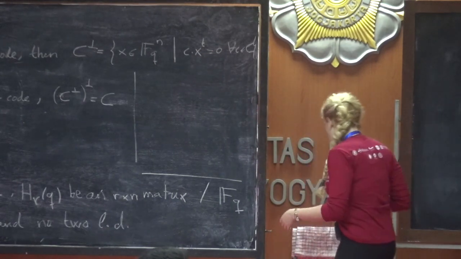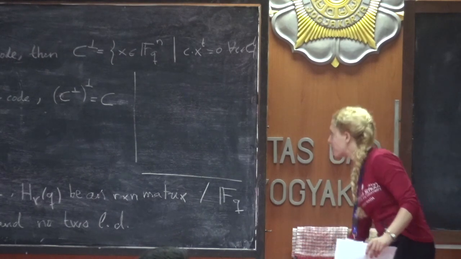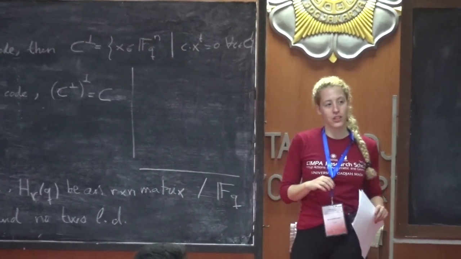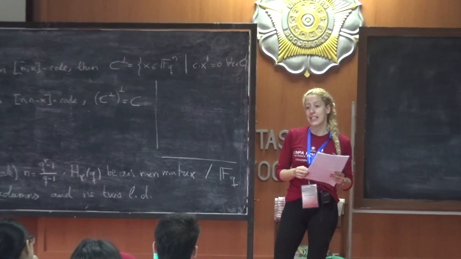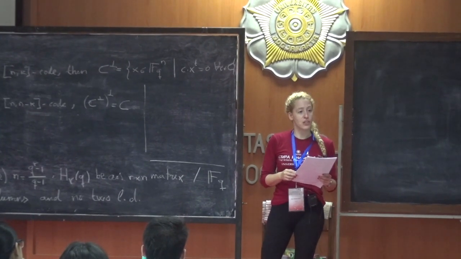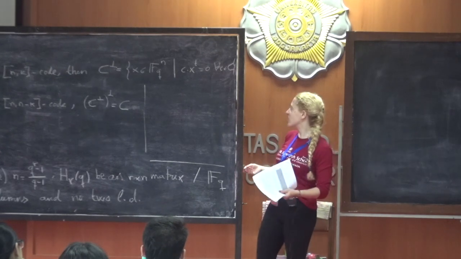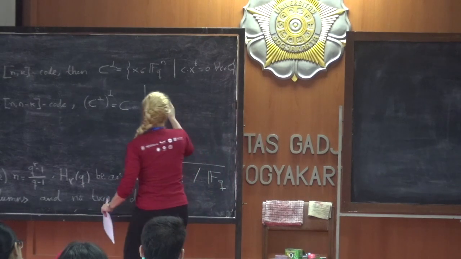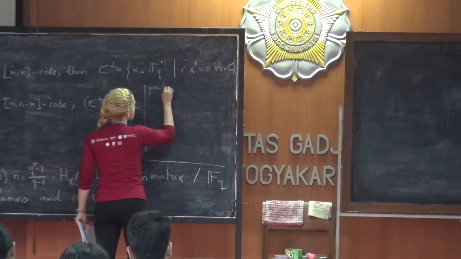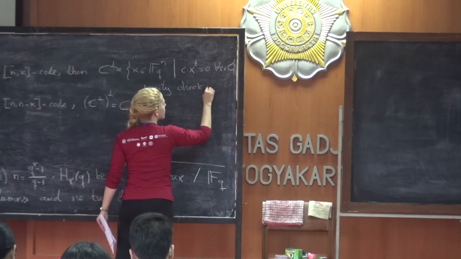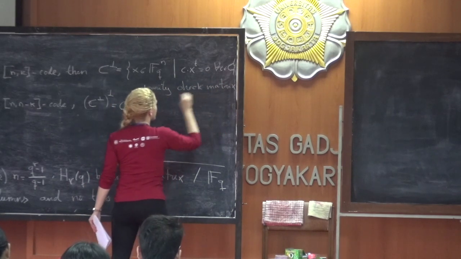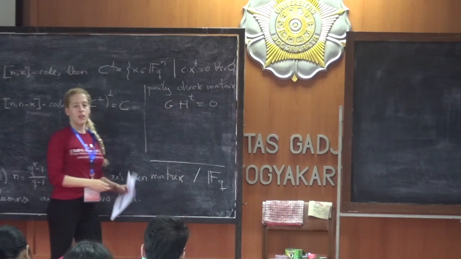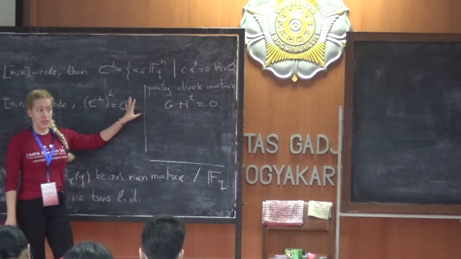But if you remember, we know how to generate all those vectors because we saw a very special matrix last day. It was a parity check matrix. The condition that we wrote for the parity check matrix is G times H transpose equals 0, where G was a generator matrix of the code.